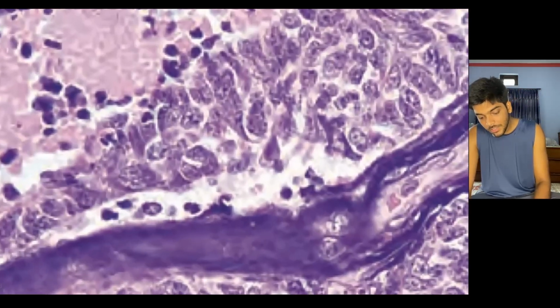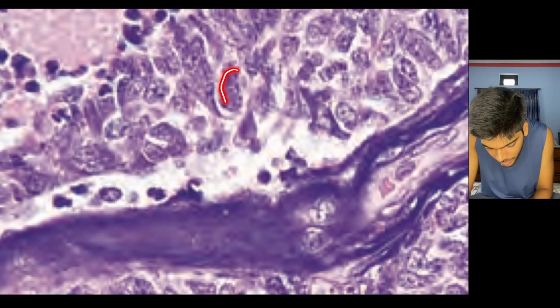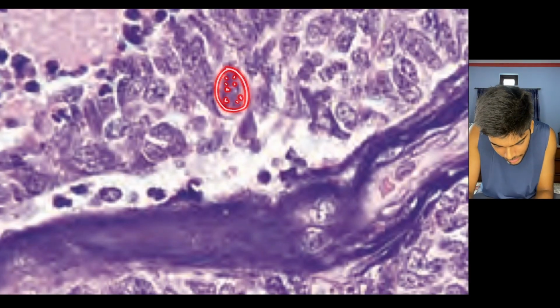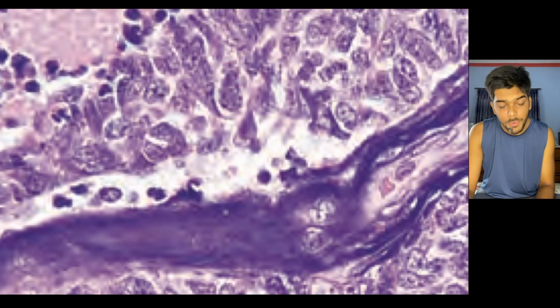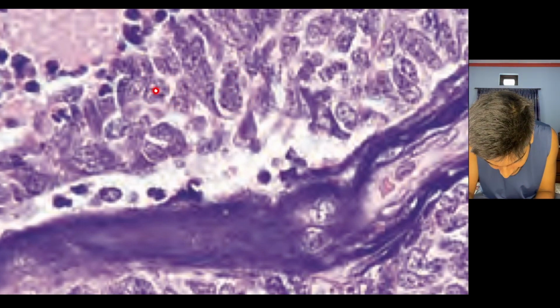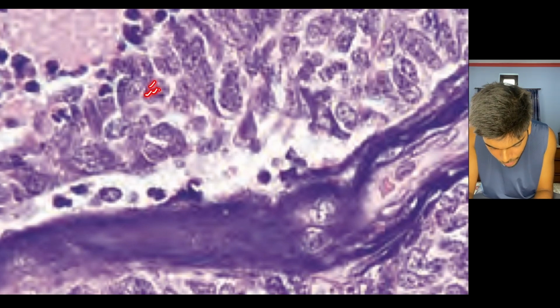All right. If I zoom into an individual tumor cell, you can see that there is a granular pattern present. What type of granular pattern? There is dark granule and there is white granule. Dark granule, white granule, dark granule, white granule.